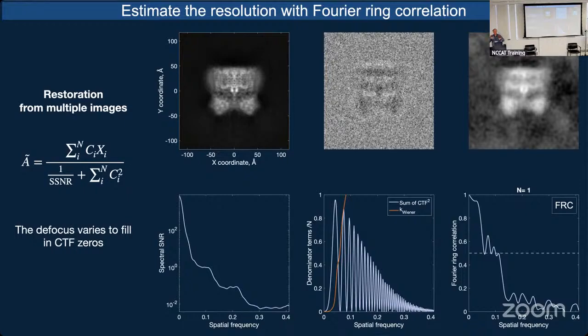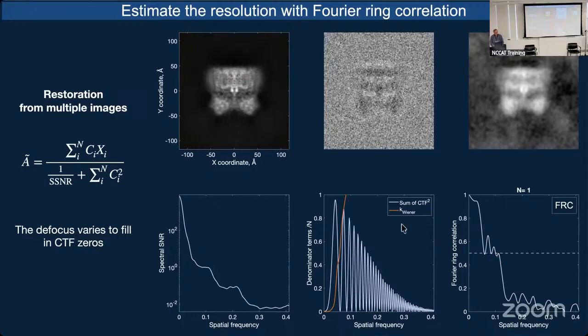So I take a ring in each of those Fourier transforms and ask what's the correlation coefficient between the Fourier terms in each ring as the ring goes from very low frequencies up to very high frequencies. And that's what I'm plotting here. This is the Fourier ring correlation. It's the correlation coefficient between those two rings, and you can see that this reconstruction is valid up to that spatial frequency, whatever it is.